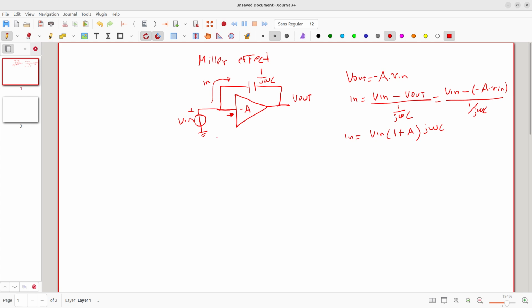And then if we want to find the impedance that I see in this direction, Z in, that will be equal to V in divided by I in. The voltage that I have divided by the current that appears here.